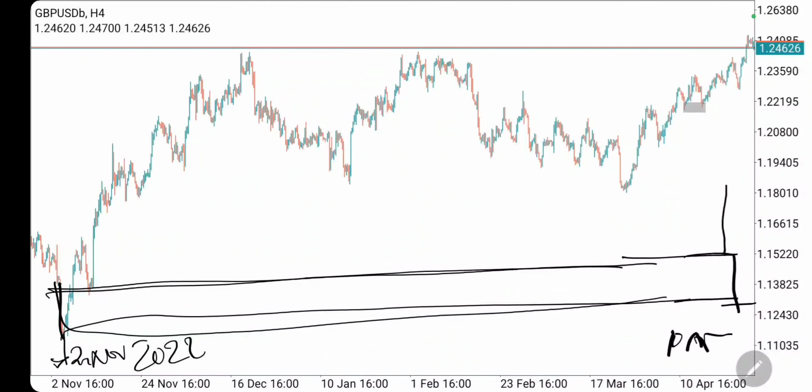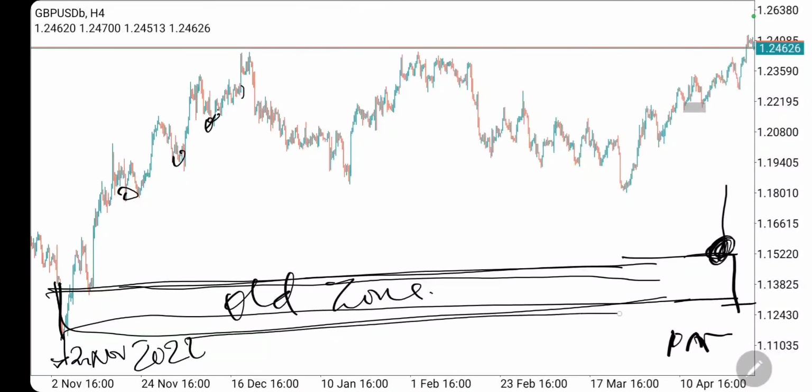If the market comes to this zone, the probability of success is quite slim because this is an old zone. So it is better I trade these zones that are within reach, than to trade a very low old zone that has stayed so long. It is not good. This has a lower chance of success.